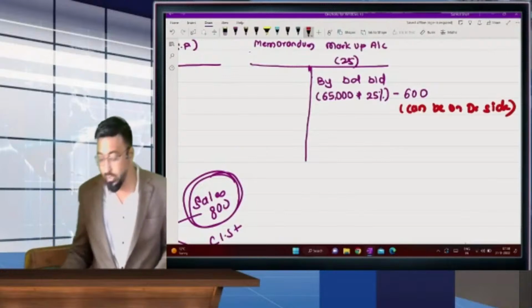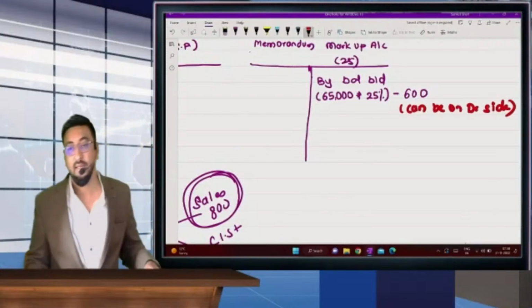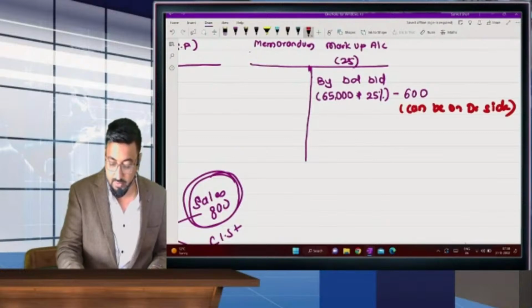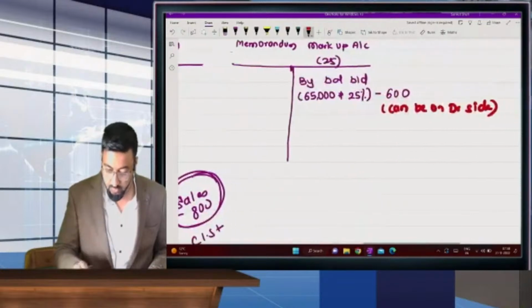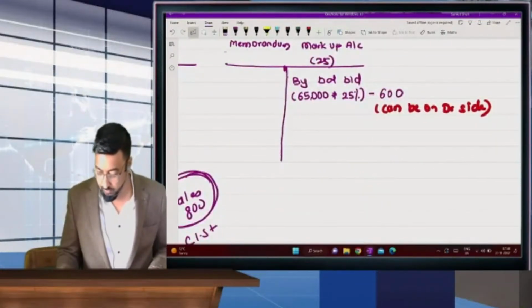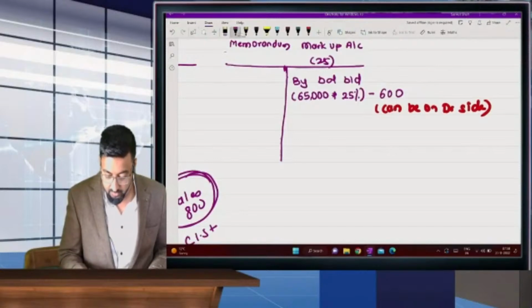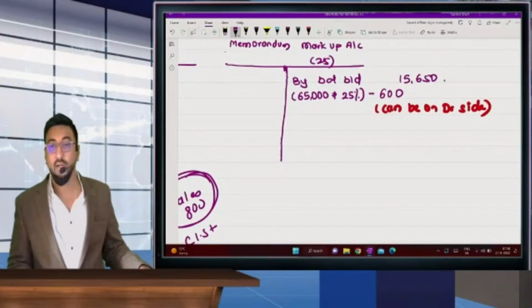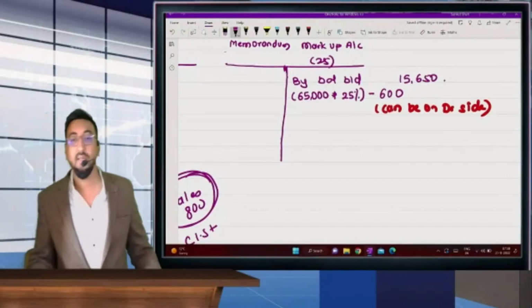You can record it on the debit side. Both options are correct. So 65,000 into 25% minus 600, or you can record it on the debit side. 15,650. You can deduct it from the opening stock or you may present it on the debit side.